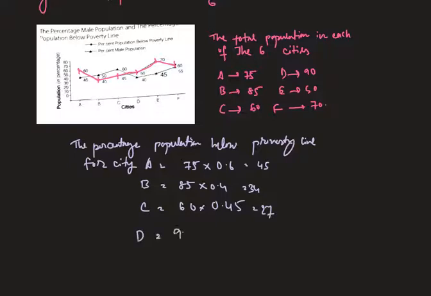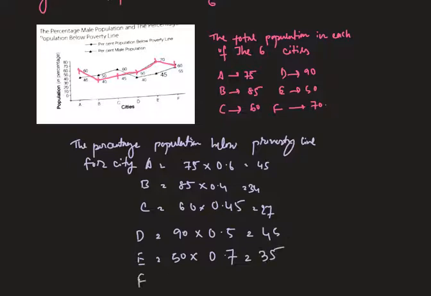For D, it is 90 multiplied by 0.5, which results in 45. For E, it is 50 multiplied by 0.7, which equals 35.